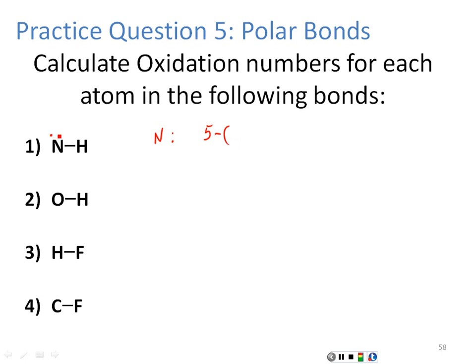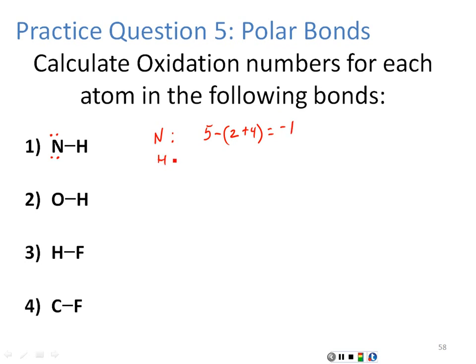We're going to have to show some lone pairs here. Which element is more electronegative? Nitrogen's more electronegative, so it's going to get assigned both shared electrons. And it has 4 lone pair electrons. So the oxidation number of nitrogen is going to be a -1.